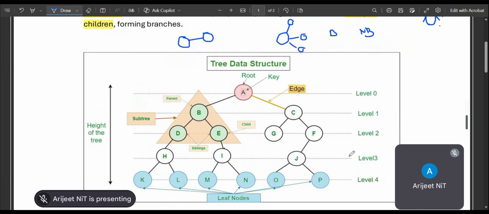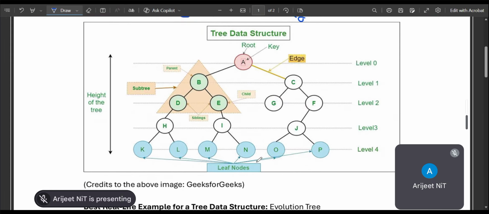Now let's understand this concept with the help of a diagram. This diagram has been taken from the website called Geeks for Geeks, so shout out to them. Let's observe the diagram of the tree data structure. Here you can observe the first part, the first weird part, I would say.